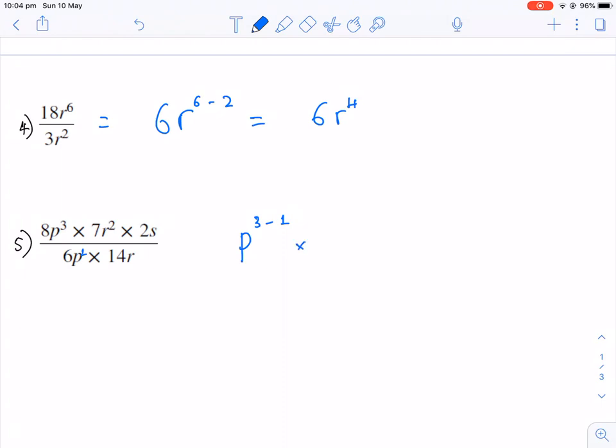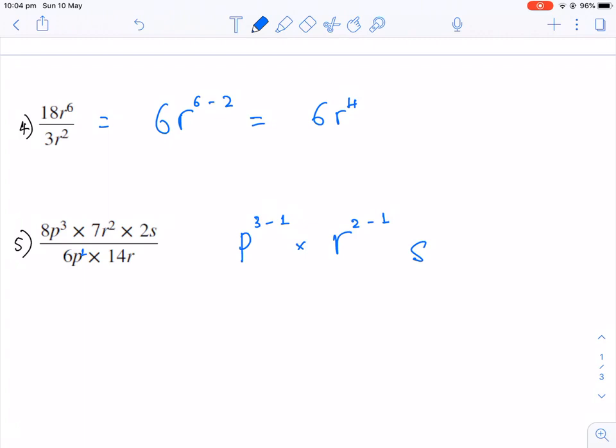Then consider the next variable, which is r. r squared divided by r is r to the power of 2 take away 1. How about s? I only have s on the top, I don't have any s on the bottom, so s stays the same as it is. s here means s to the power 1, but I do not write s to the power 1.